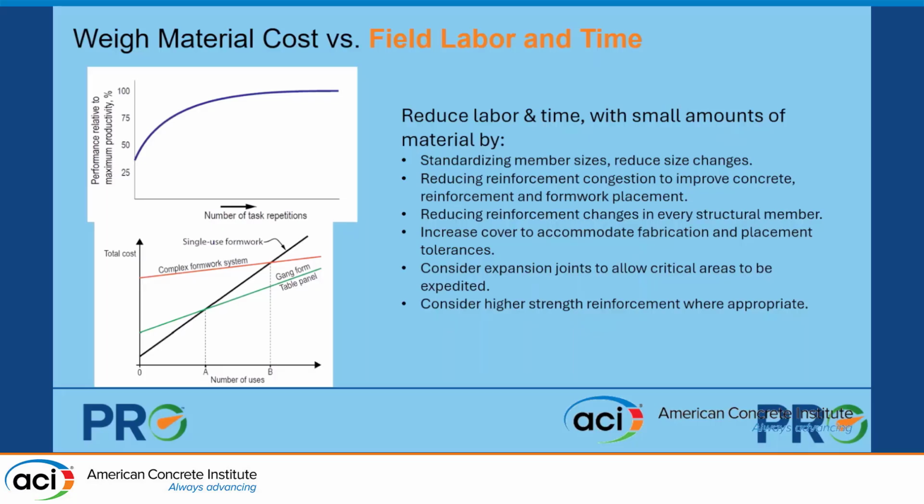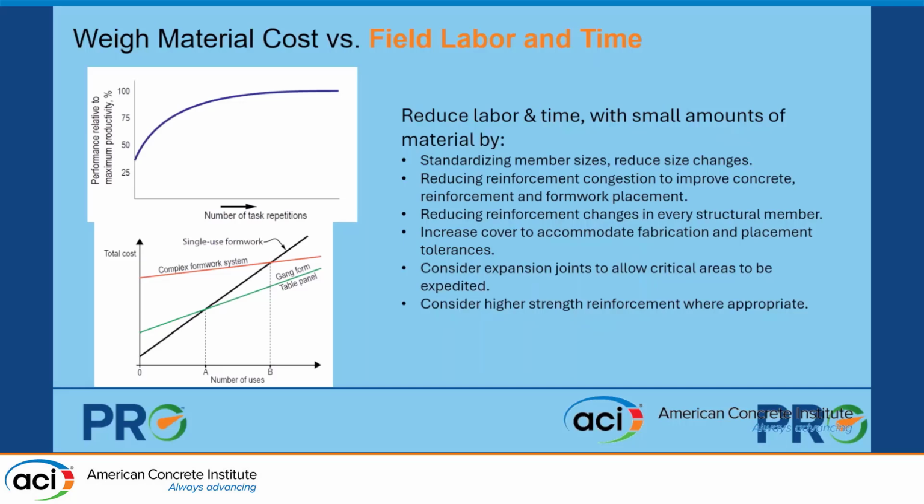And the left axis is the total cost, and the bottom axis is the number of uses. And so if you look at the graph and you think about the initial cost for, let's say, a complex formwork system, the initial cost for that first use is incredibly high.